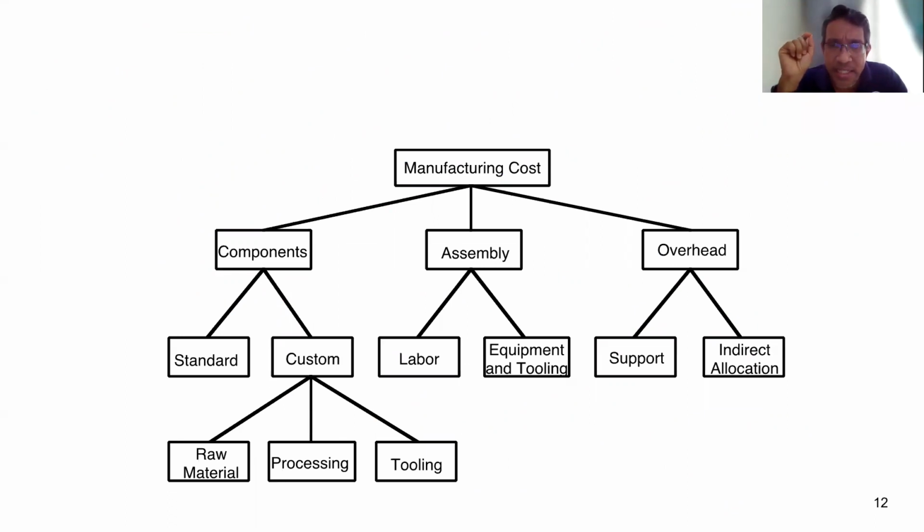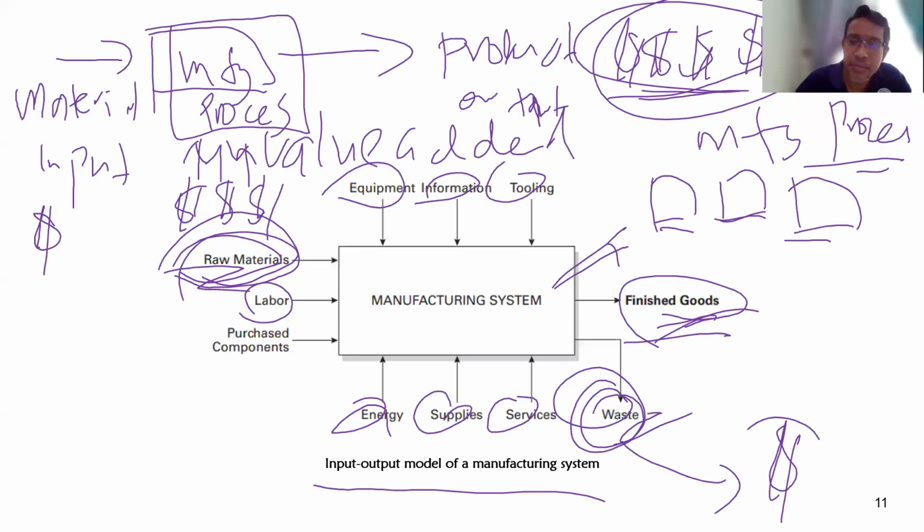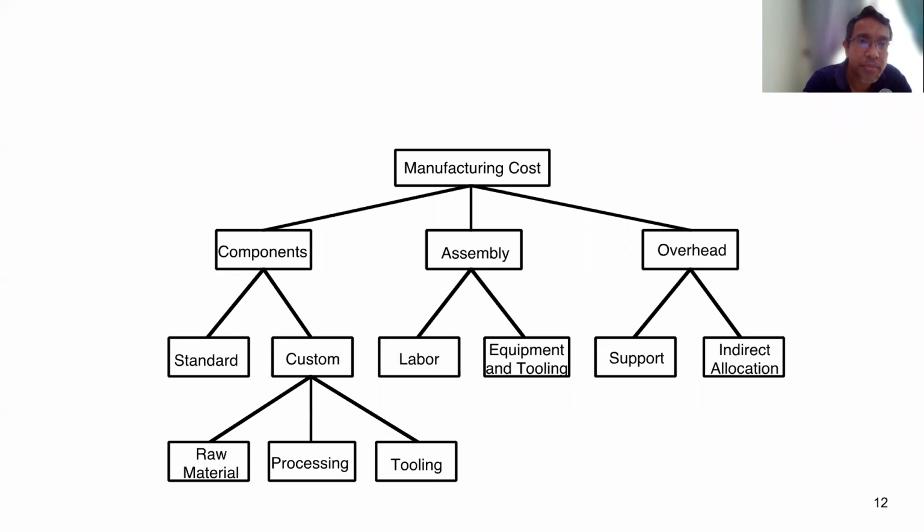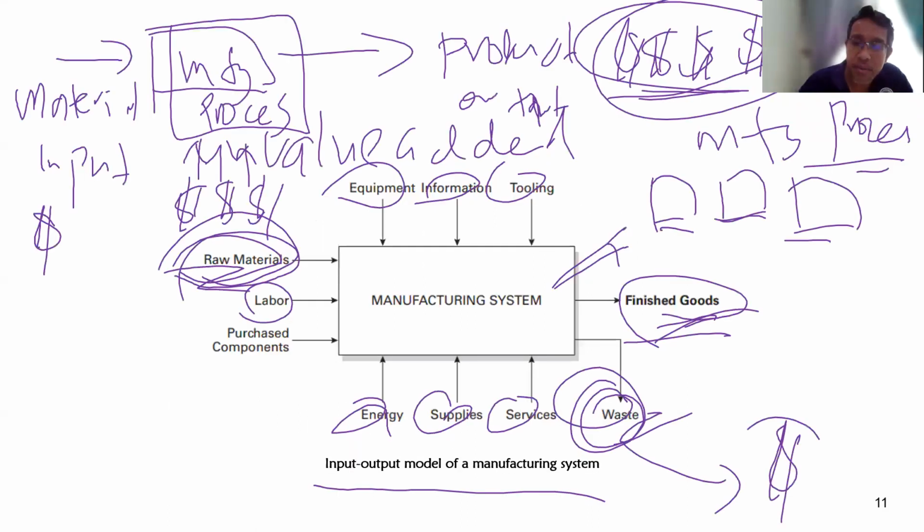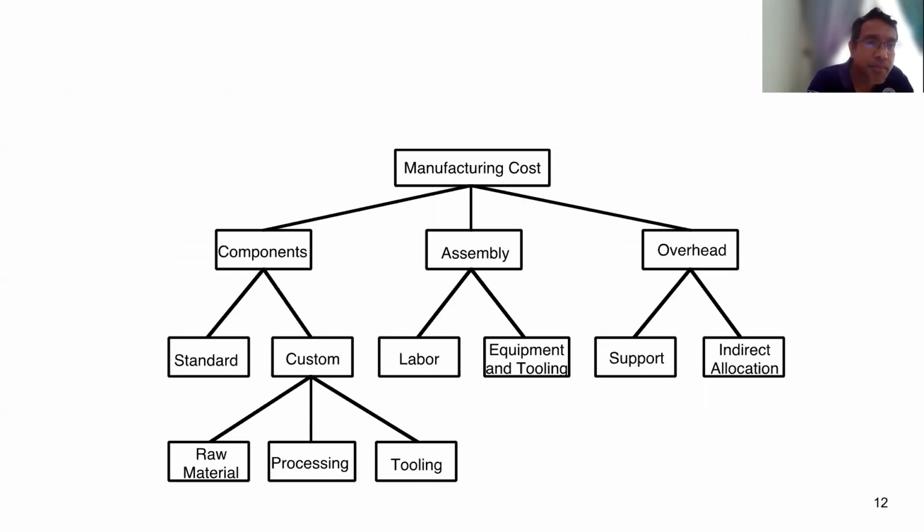Under this scheme, or this figure, you can see the unit manufacturing cost of a product consists of these three categories: component, assembly, and overhead. These three are the major costs we need to know.